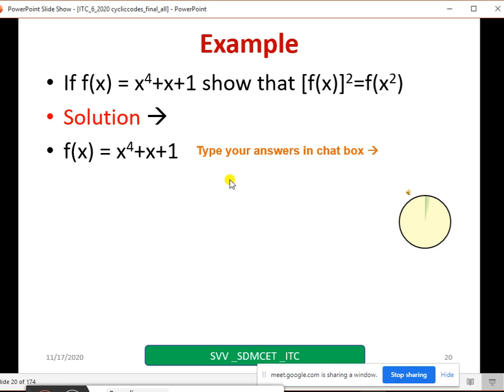F of x equal to x4 plus x plus 1 is given. Then f of x square equal to simply x into x is a x square. Like that, simply I will multiply. I'll write the answer. I want you people to type your answer in the chat box.